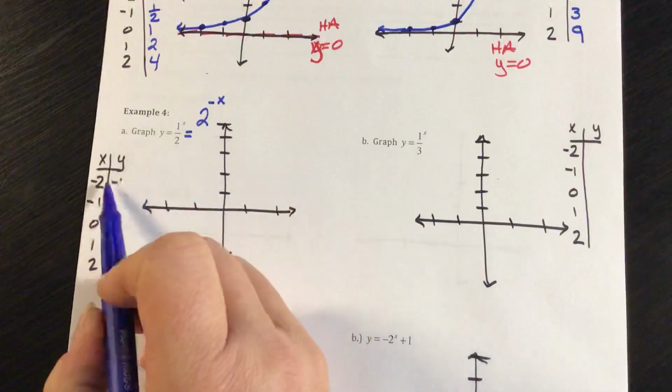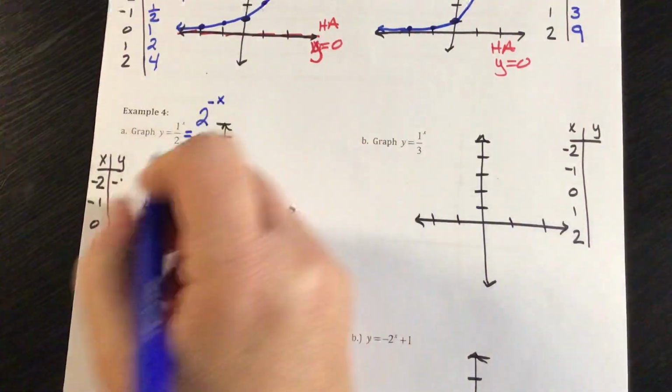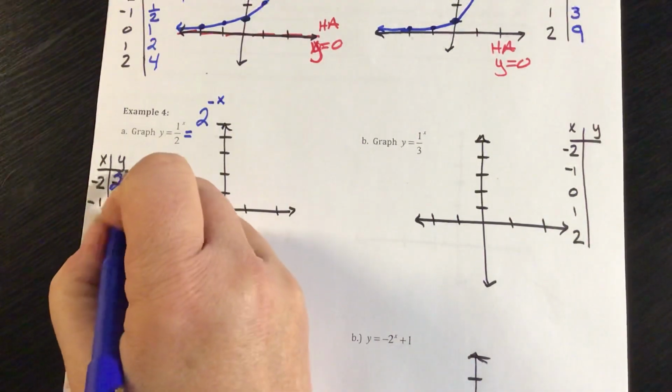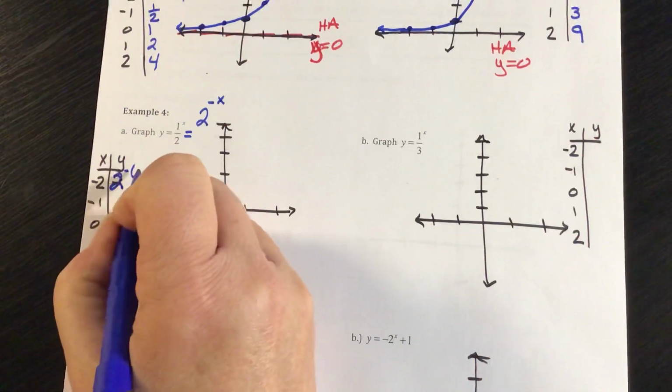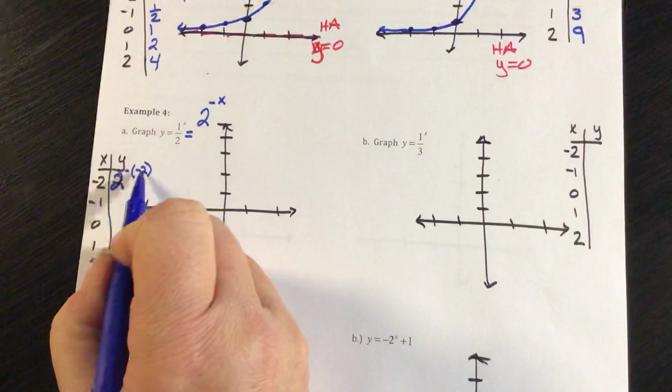So if I put in -2 here for x, I'm going to have 2, and that's a positive, to the negative, and x is -2, so this would be to the positive 2 power.